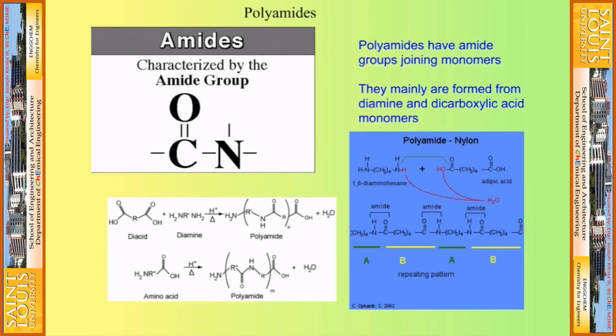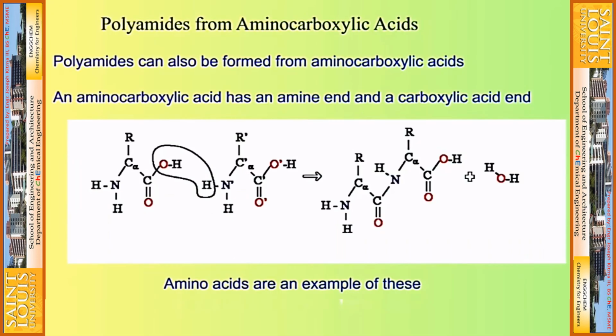They mainly are formed from diamine and dicarboxylic acid monomers. Polyamides can also be formed from aminocarboxylic acids. An aminocarboxylic acid has an amine end and a carboxylic acid end.